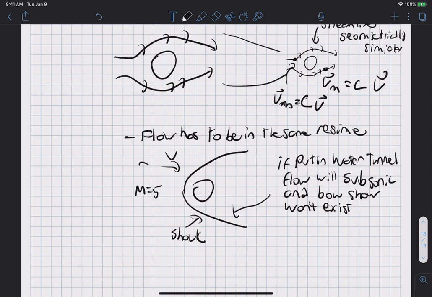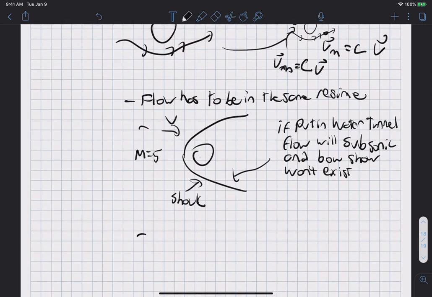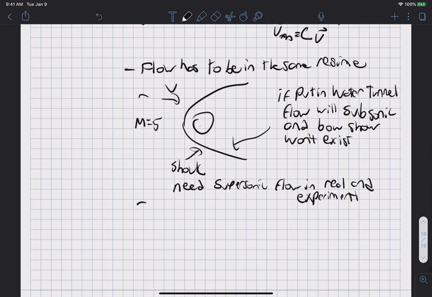Okay? Another example is that if you have cavitation, you need cavitation in the real and experimental objects. Okay, or if it's subsonic, there are all kinds of other conditions that apply for different flow scenarios.